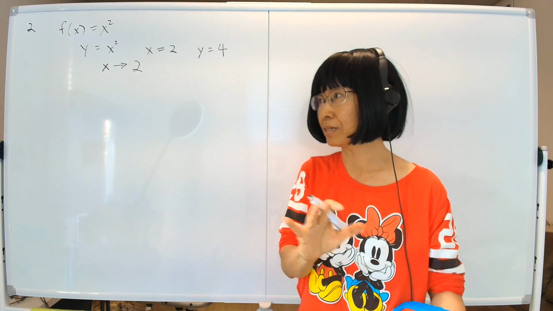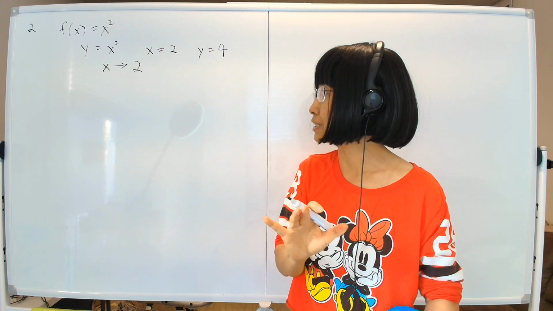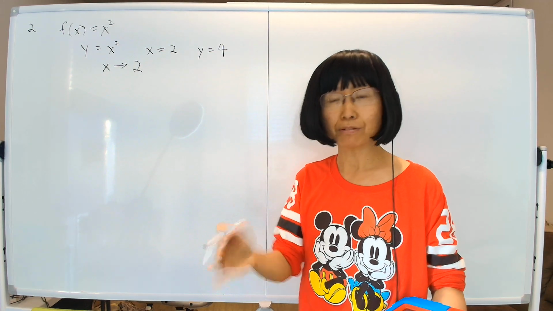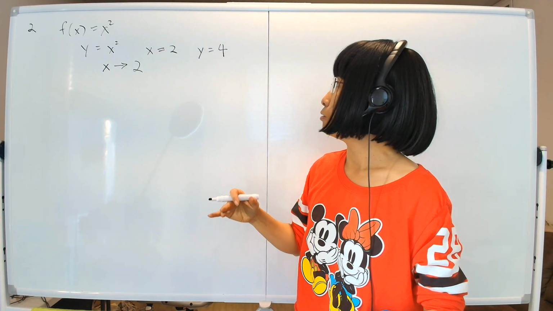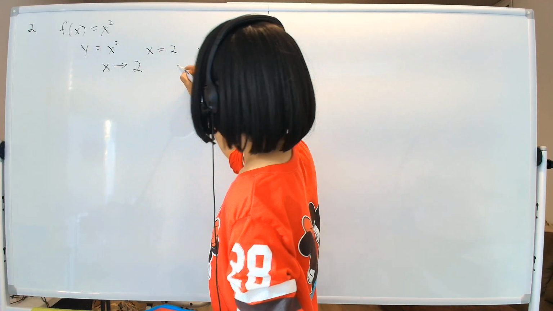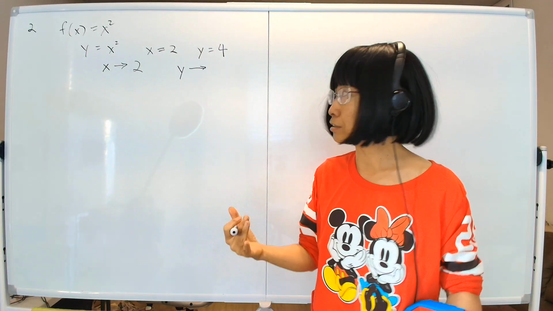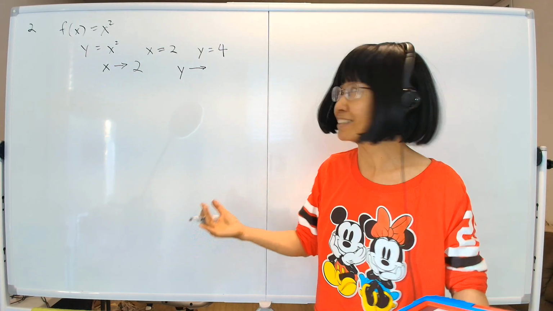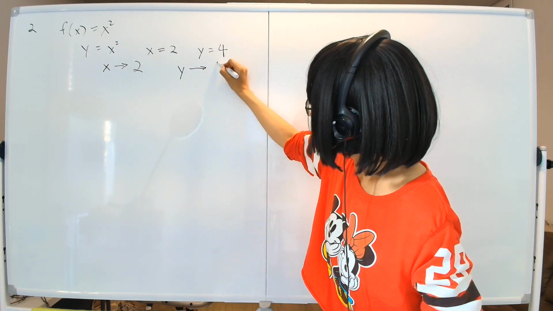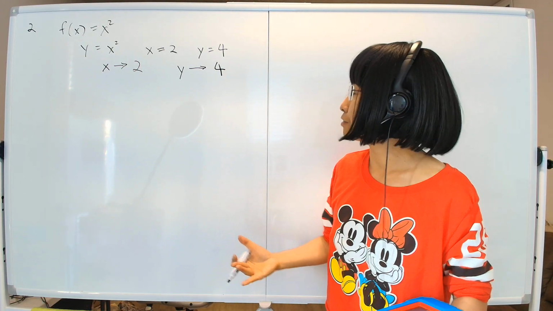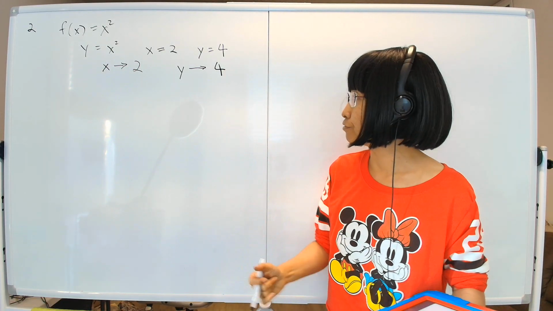It can come from the smaller side, like what if x is 1.9, 1.99, 1.999, etc. As x approaches 2, what does y go to? As x gets closer to 2, well, obviously y goes to 4, right? Just look at it, because y is x squared, so obviously y approaches 4.